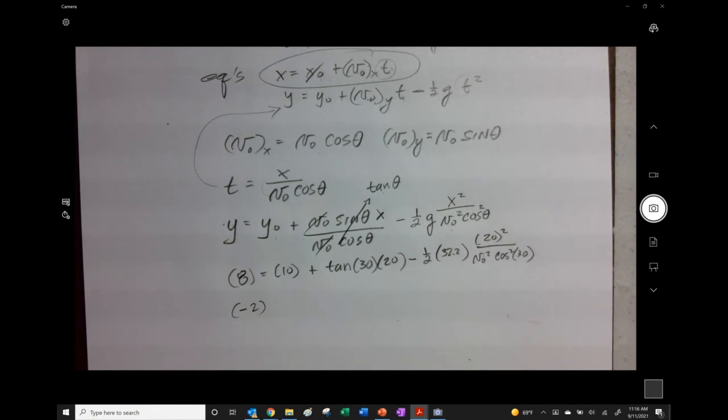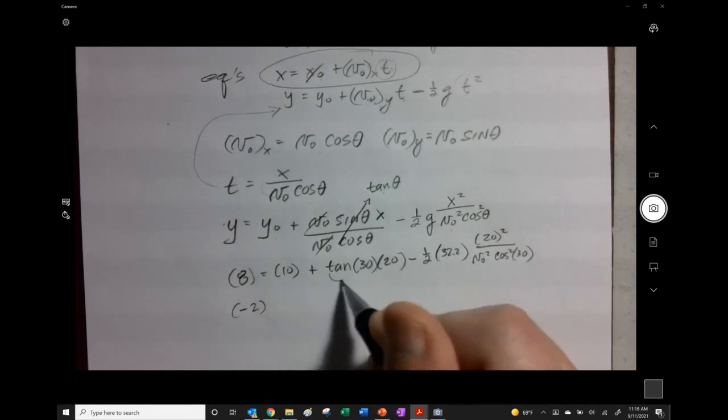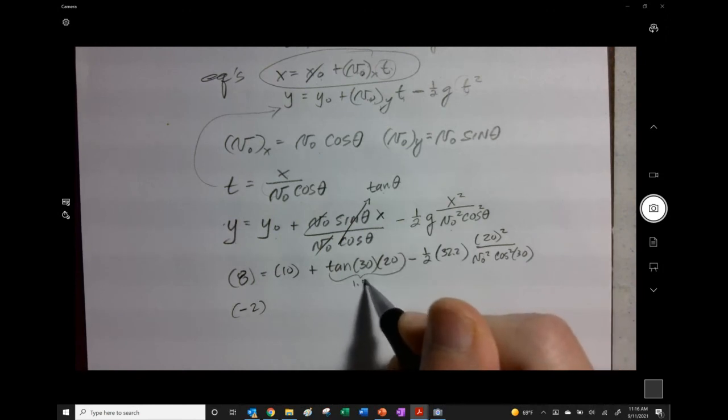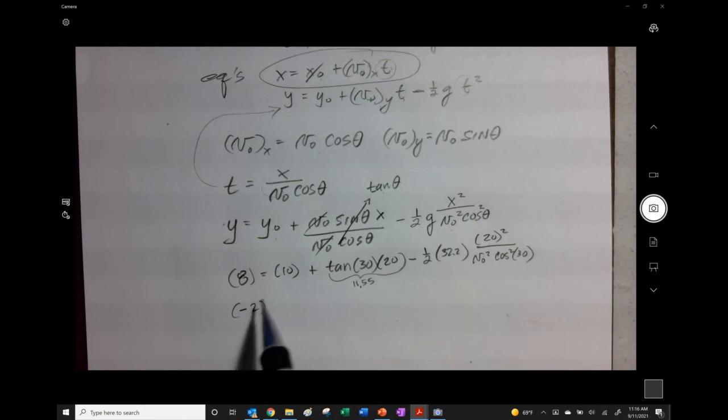I'll do the calculation. So you have 30, I'm taking the tangent of it and multiplying it by 20, and this ends up being 11.55. You could even write it under there, 11.55. Bring that over to the side here. This is going to be negative over here.